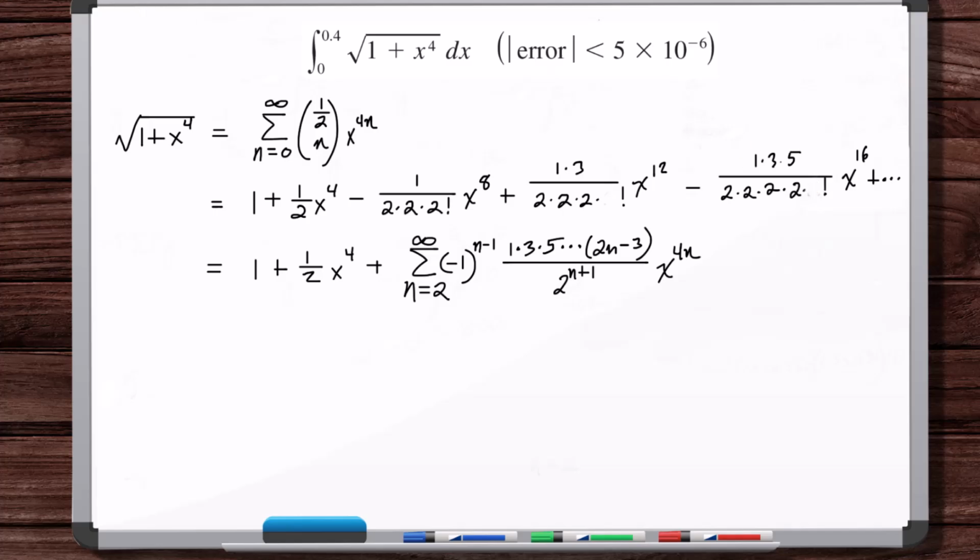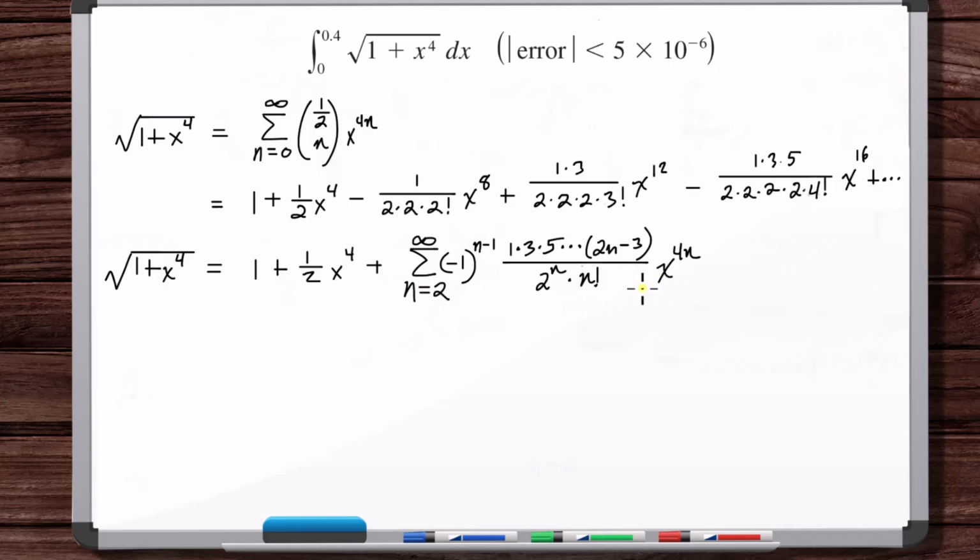This is 3 factorial, 4 factorial, etc. So what you've actually got is 2 to the n times n factorial. Okay, that's the square root of 1 plus x to the 4th.